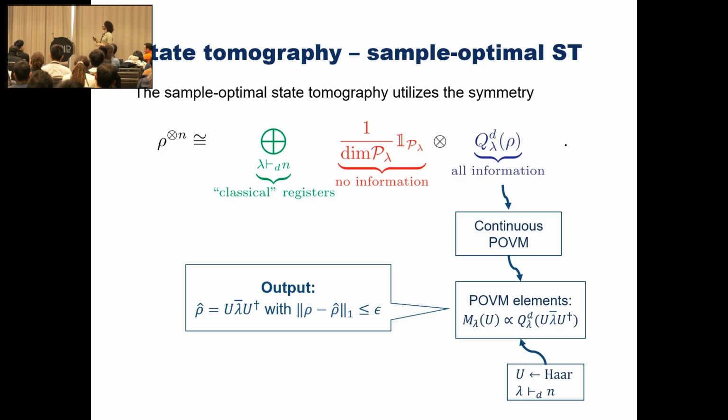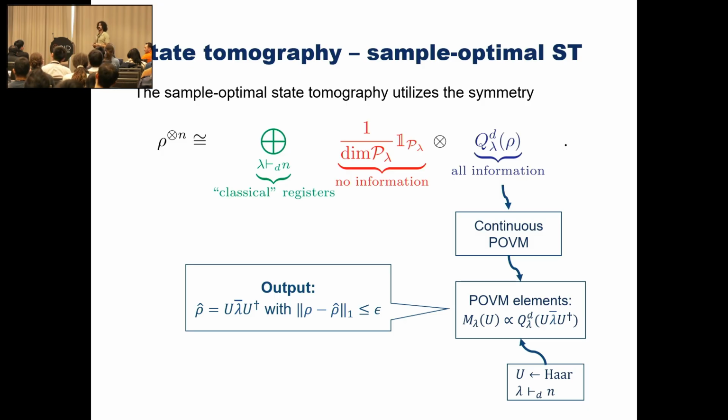This continuous POVM has elements as given there in the second box. Essentially, you have a POVM element for each random unitary and for each partition lambda that appears in the isotypic decomposition. When all is said and done, your POVM will return a unitary U and Young label lambda.